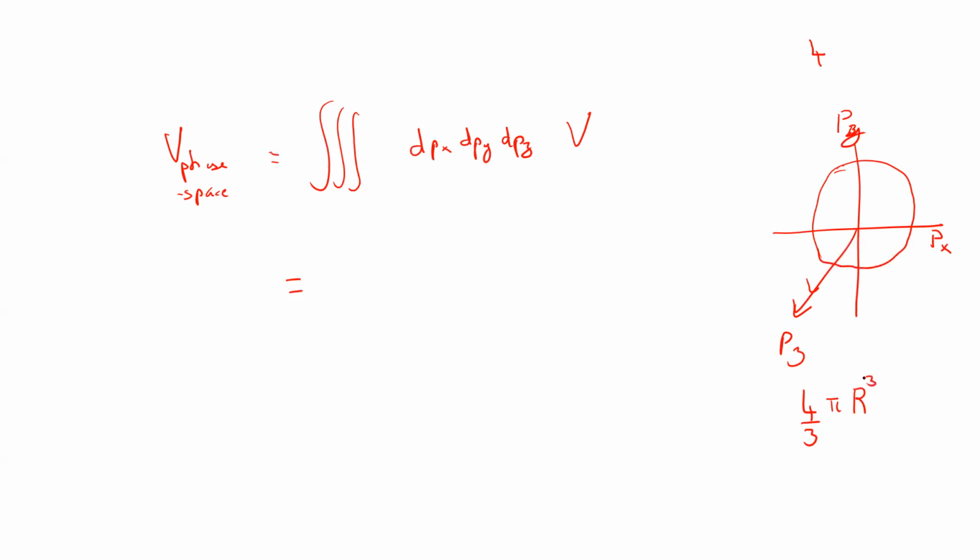So r cube here will be nothing but p cube, where p square is nothing but px square plus py square plus pz square.